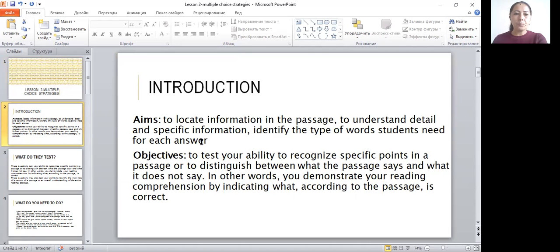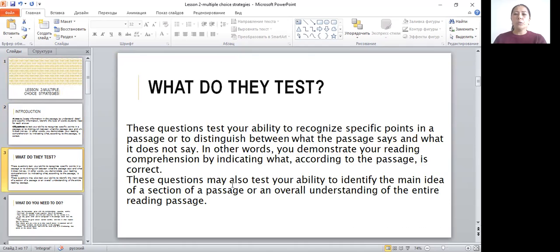without any difficulties. So what do they test? What kind of strategies and choices can be estimated? These questions test your ability to know specific points in a determined passage or in your reading texts, and also you should differentiate between what the passage says and what information is not given in the passage.